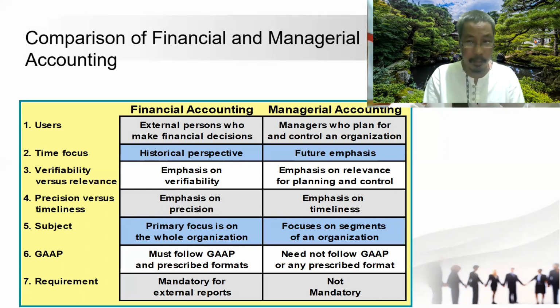A bank that would like to decide whether they will give us a loan or not, and potential stockholders who will decide whether they would like to put their capital in our company. So those are external persons, external to the company.